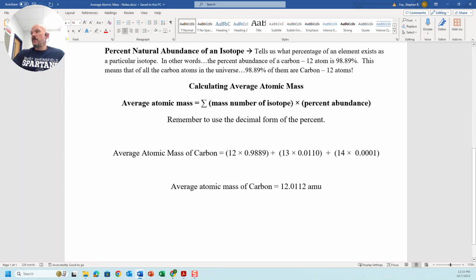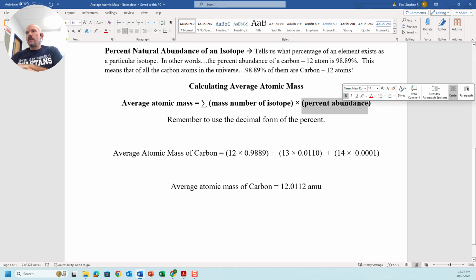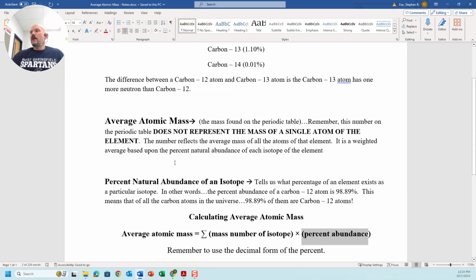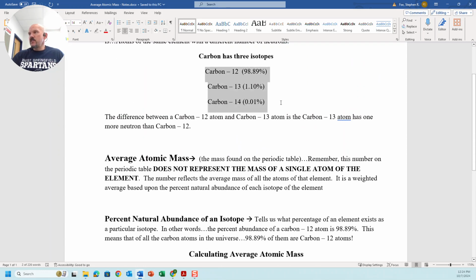You do that for each isotope, and then you just add them all up. That's all you do. So if we calculated the average atomic mass of carbon based on this data, it would be 12 times that percentage, 13 times that percentage, 14 times that percentage, and then you add them all up.